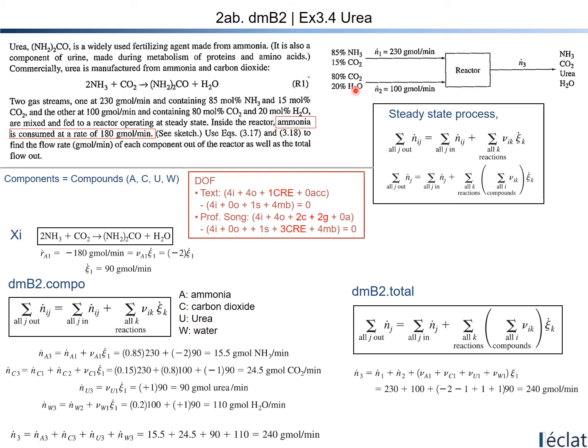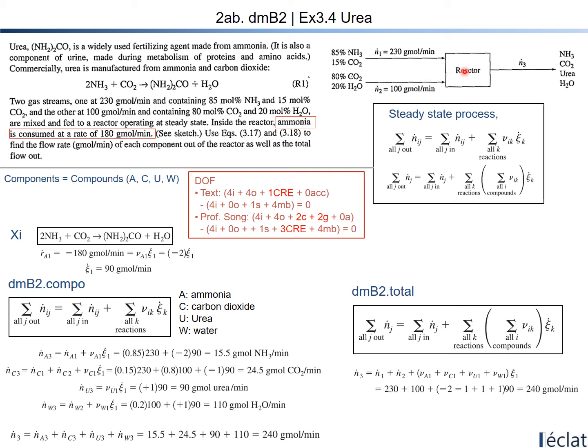So you should count the total flow rate of stream 1 and one of the compositions of the corresponding stream, and also the value of the total flow rate for stream 2 and one of its compositions. So the input specification count is 1, 2, 3, 4. And how about the output? Nothing there. There are no specifications. We should calculate those unknowns. So 0 for output, plus, how about the system?